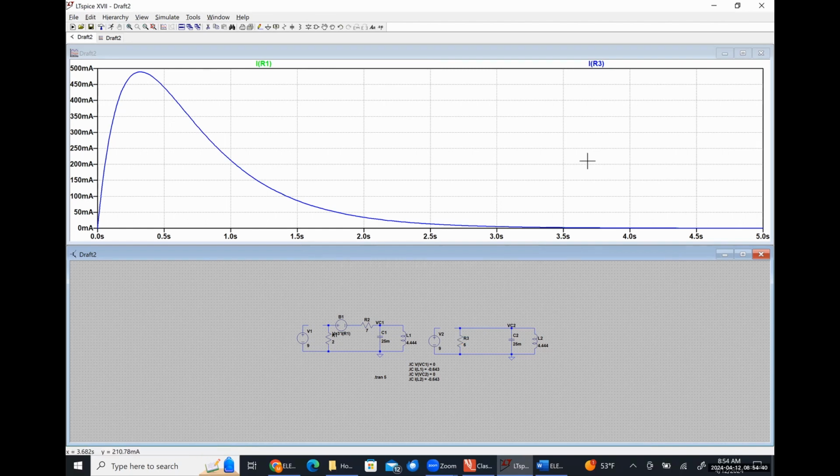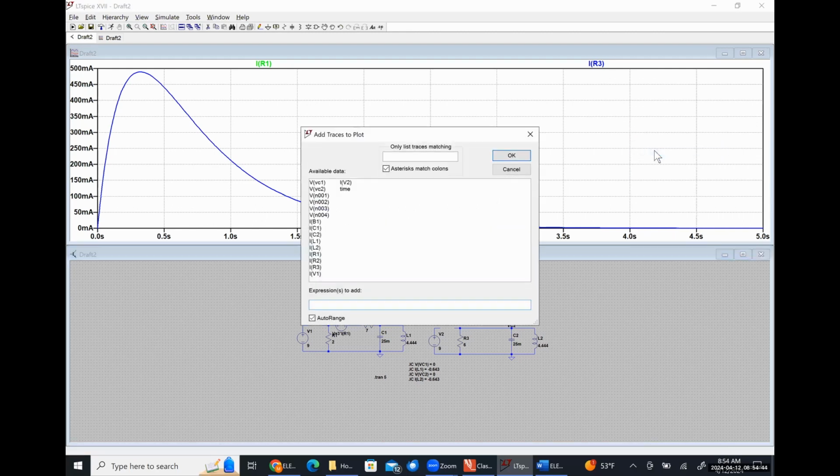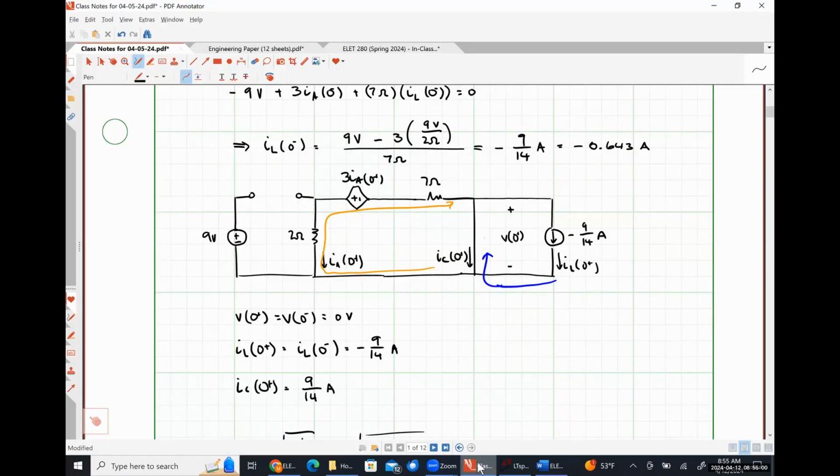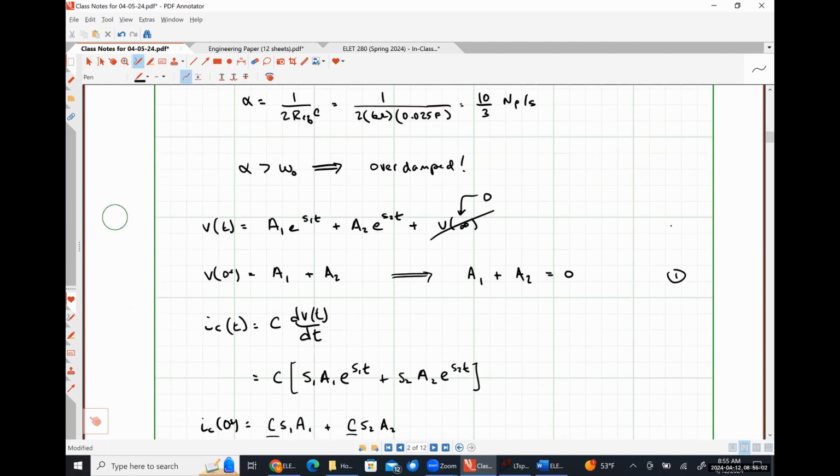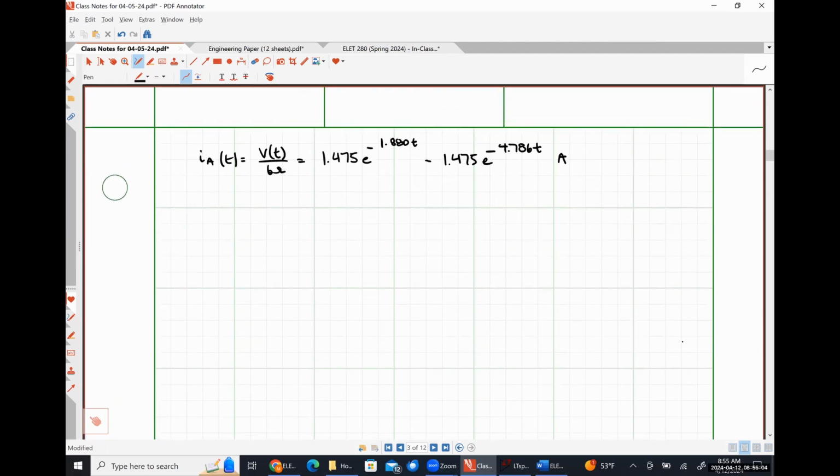Okay. And so now, on top of all of this, I'm going to add a trace that is my mathematical expression. So that would be 1.475 times exp of negative 1.880, I think. Yep.